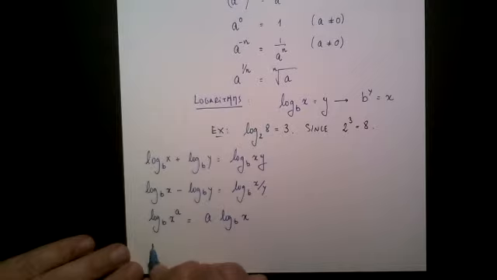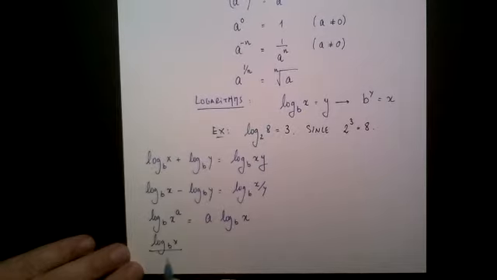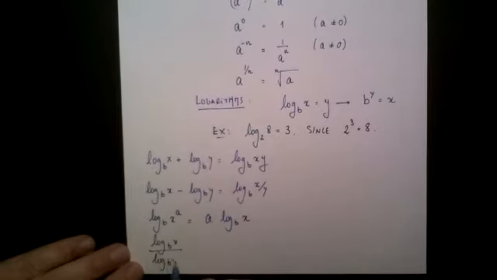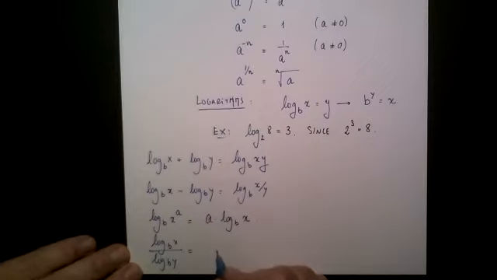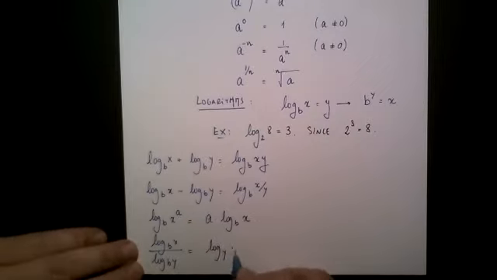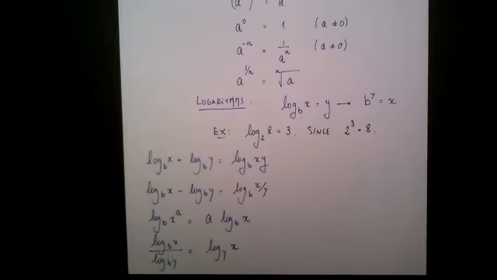And the last one, log in base b of x divided by log in base b of y. You know this one? No? It's log in base y of x.